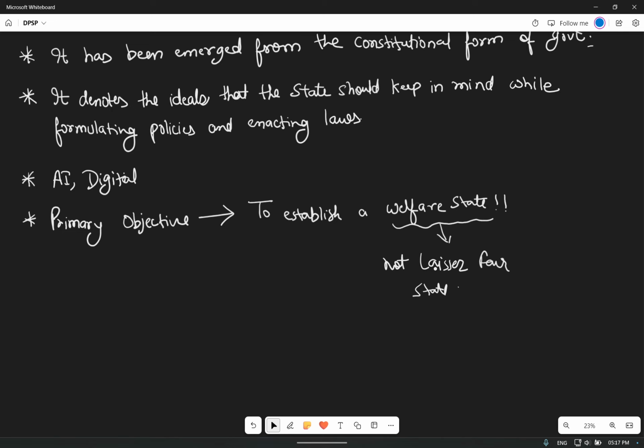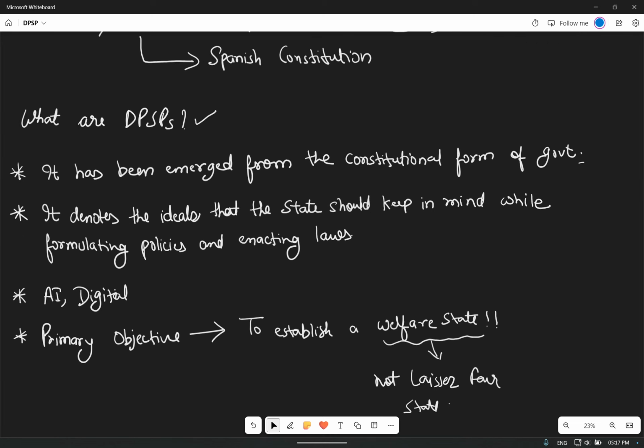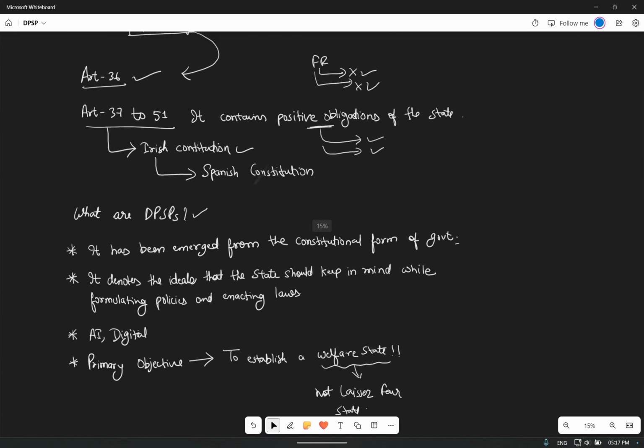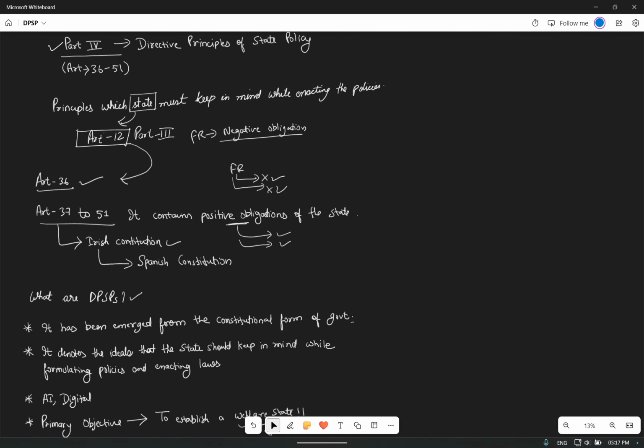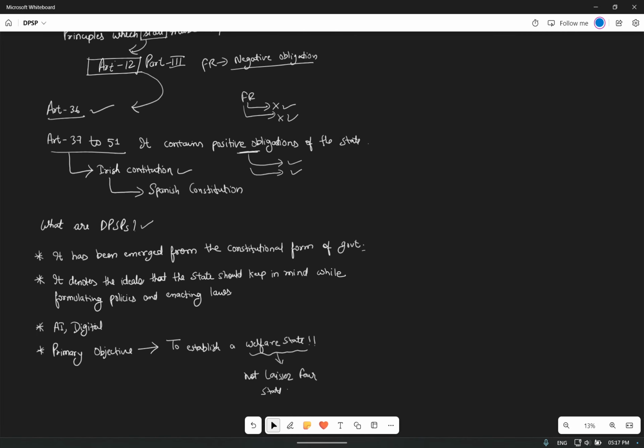So this was all about that DPSP. We'll discuss more about the properties and all in the coming session. So now we have understood in this lecture what exactly is this DPSP, what was the motive of it, what articles it contains.